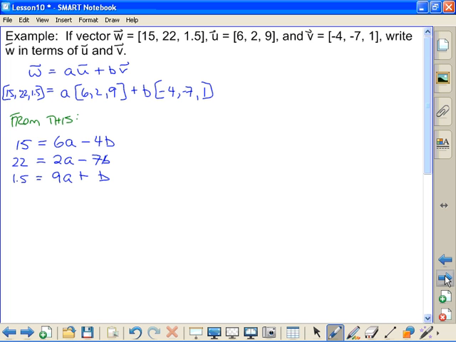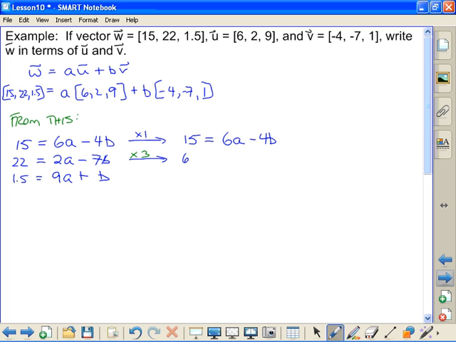Doesn't matter which two equations you take. So what I'm going to do, I'm going to take the first two equations, and I'm going to leave the first one alone. So this goes back to why we learned how to do substitution and elimination in grade 10. I'm going to multiply that second equation by 3 to get the a's to match up.